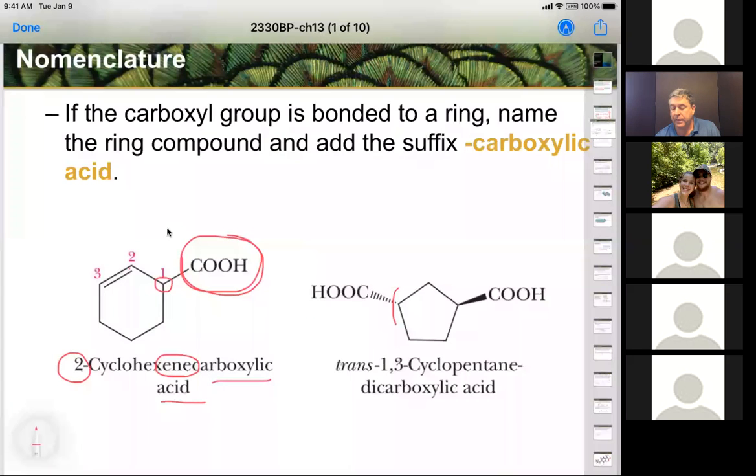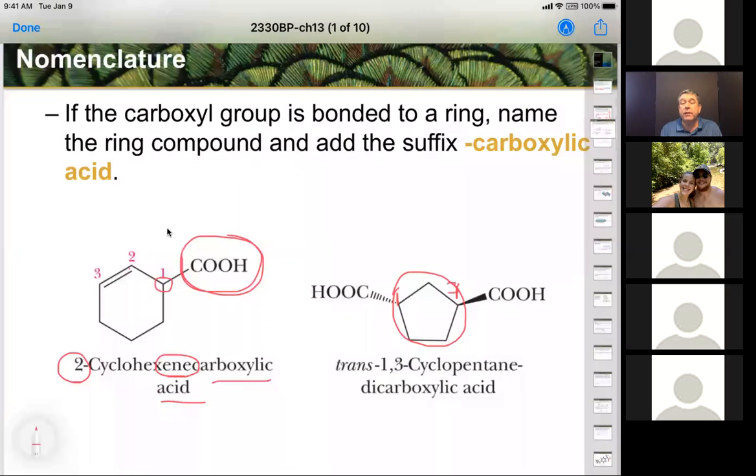Okay, for this right here, we have a cyclopentane, so that's great, but we have 2 carboxylic acids, so we have to say dicarboxylic acid, okay? Then we have to pick one of them as 1, and then one of them as the lowest number, and in this case, it would be 3, not 4. And so we have 1,3-cyclopentane dicarboxylic acid.